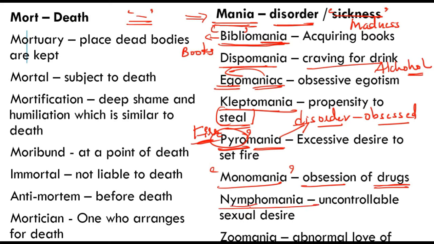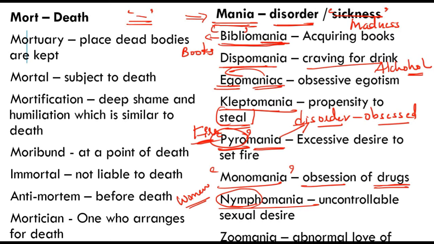Nymphomania. Nymph actually stands for women. So, if you have this uncontrollable sexual desire, there has been a movie in Hollywood which was released in the year 2014 or 15, right?